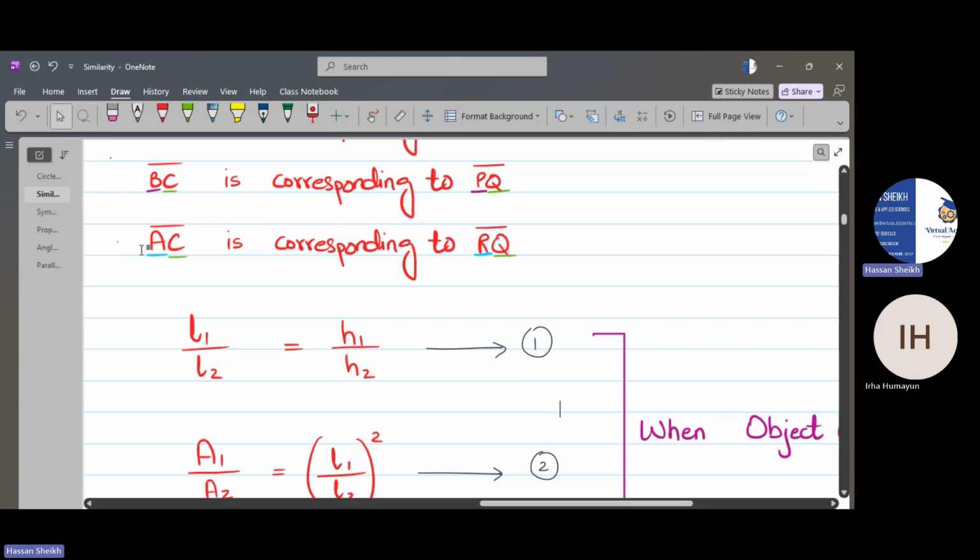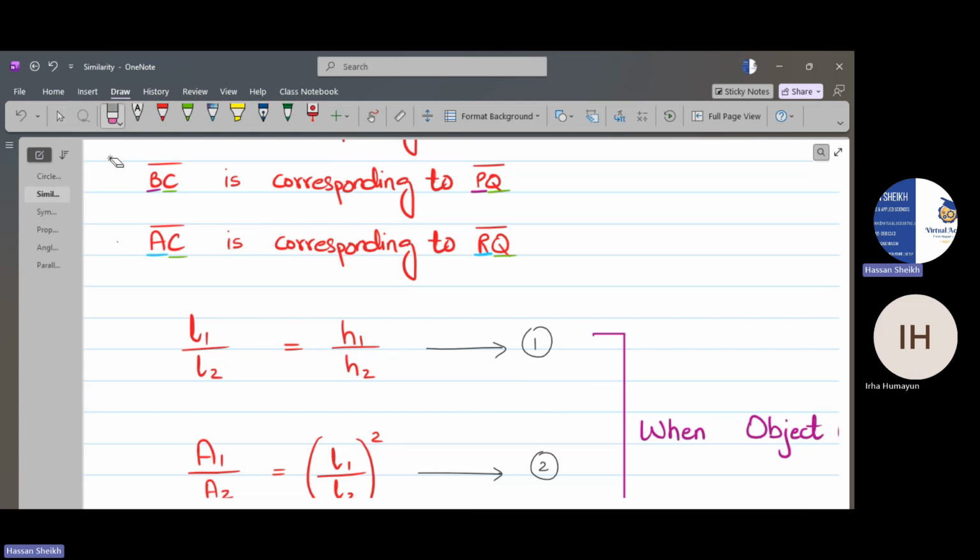So the first formula of similarity is used to find the corresponding length or height or maybe width or base or radius or diameter. This formula is applicable to linear units or linear dimensions. Do you know about linear dimensions? No, sir.